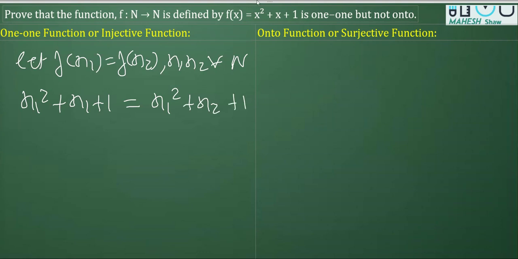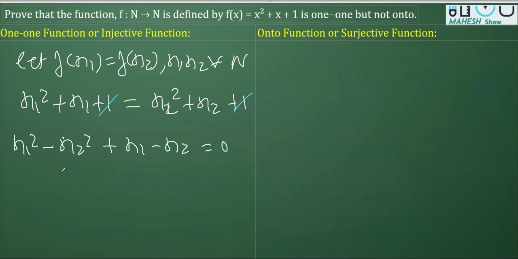So what do you see, that here this 1 gets cancelled. 1 and 1 get cancelled. Now keeping x1² minus x2², similarly x1 minus x2 is equal to 0.